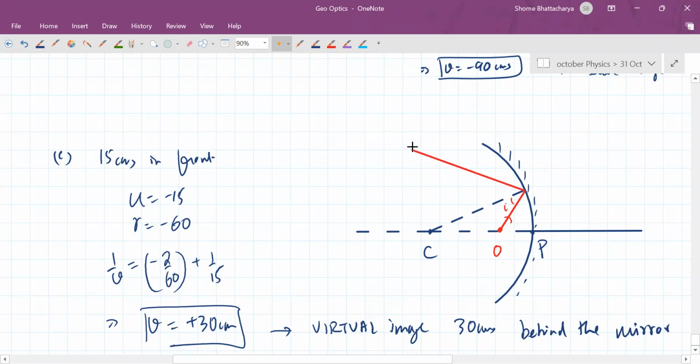It doesn't converge, but it becomes divergent such that it appears to be coming from behind the mirror.